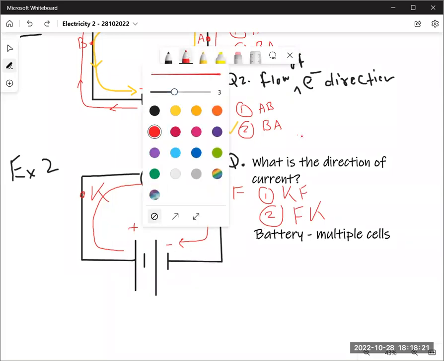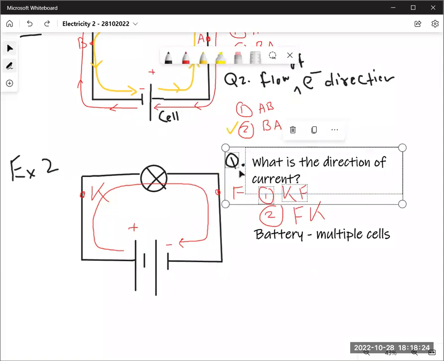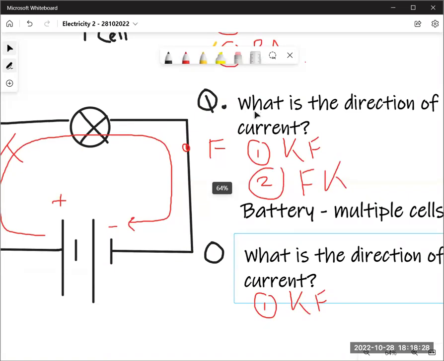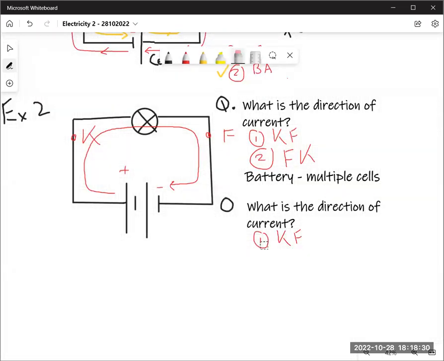In the same way, if I ask you what is the direction of the electrons? What is the direction of electrons? In the chat. So there's a competition happening. I'm noting down the points here. Whoever gives the answer first wins.